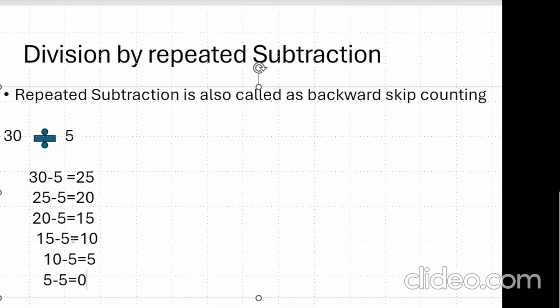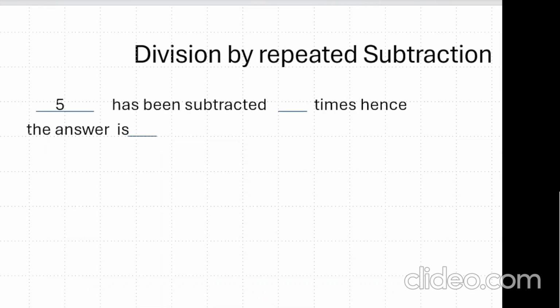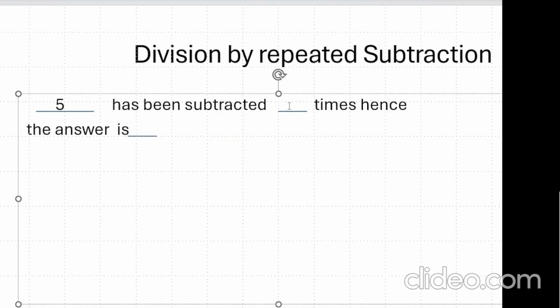So I have to do it 6 times. Hence our answer will be 5 has been subtracted 6 times. So hence the answer is also 6. Hope you have understood this, children.